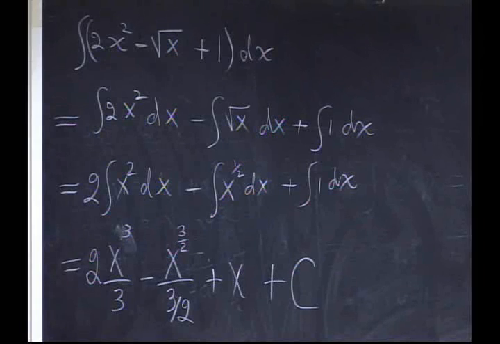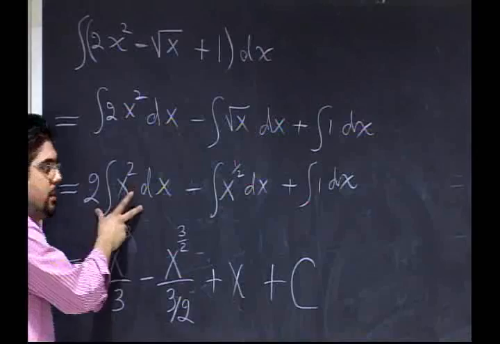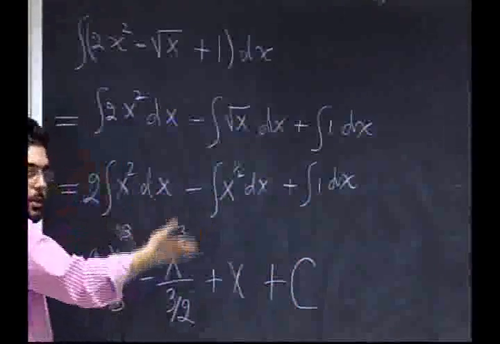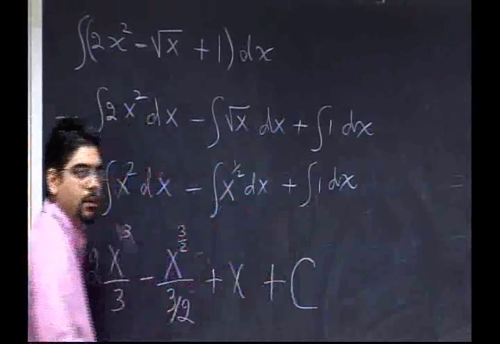So a couple of things here. Each of these has to have a constant of integration. But if you add them all up, you just get another constant of integration. So it's not necessary to put different constants of integration.